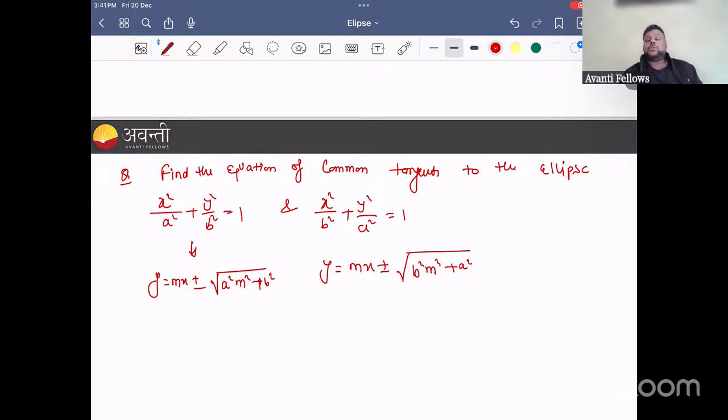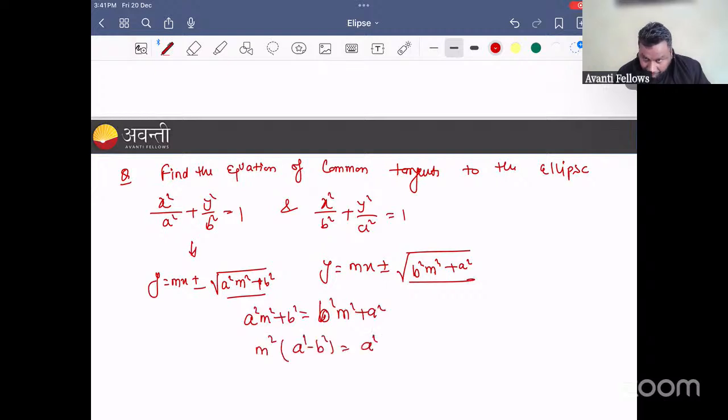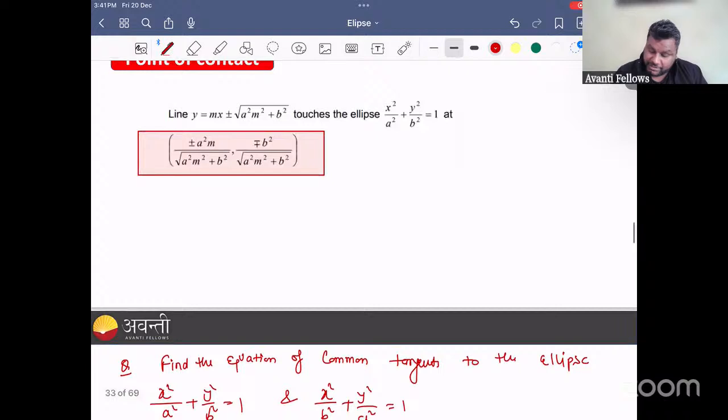Now, if these two tangents are common, they are the same tangents, that means this is also equal to this one. So m square is going 1, so m is plus minus 1. And yes, there are supposed to be 4 common tangents.